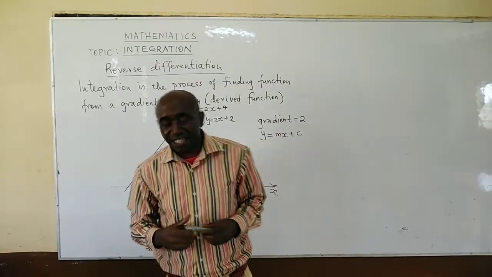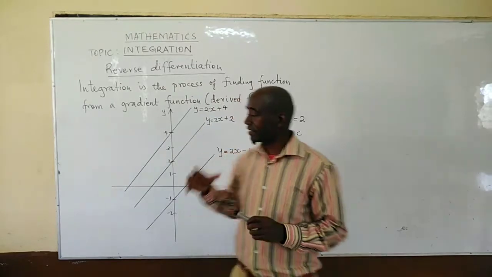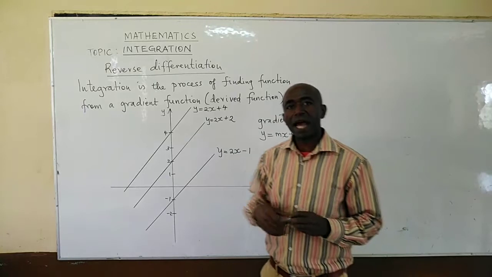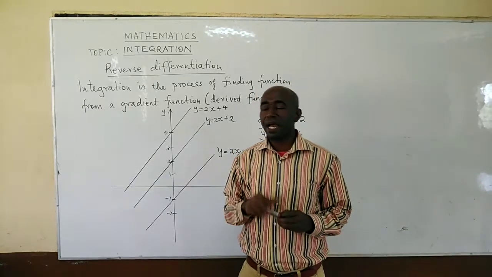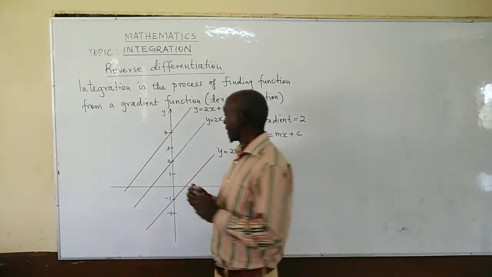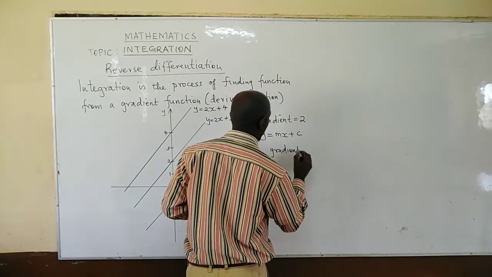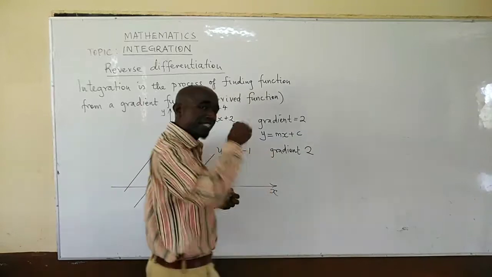I've given this example so that we understand the concept of integration. If someone asks you, a line has a gradient of 2, what is the equation of the line?